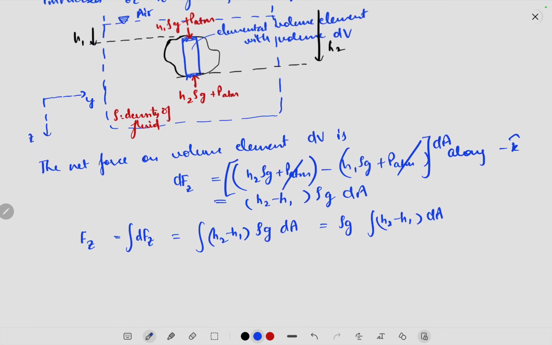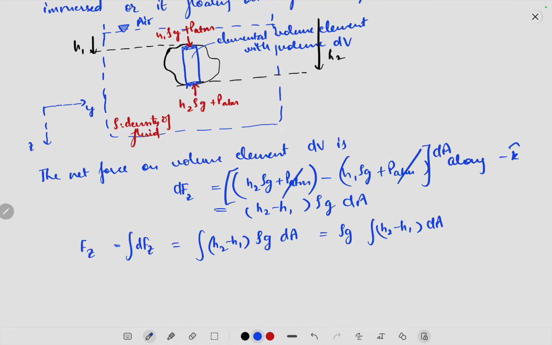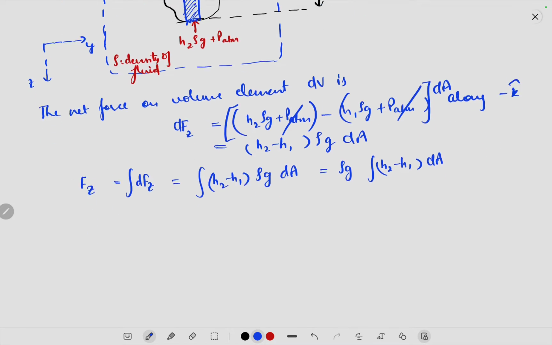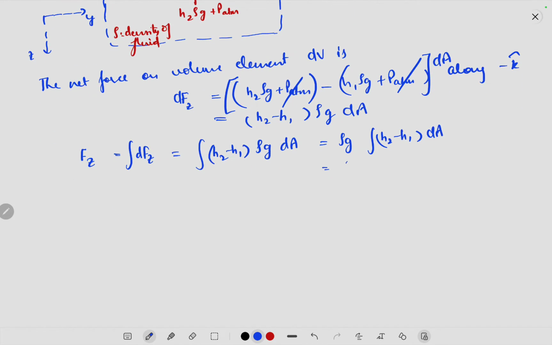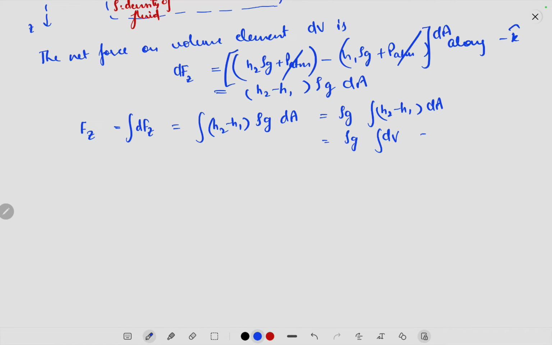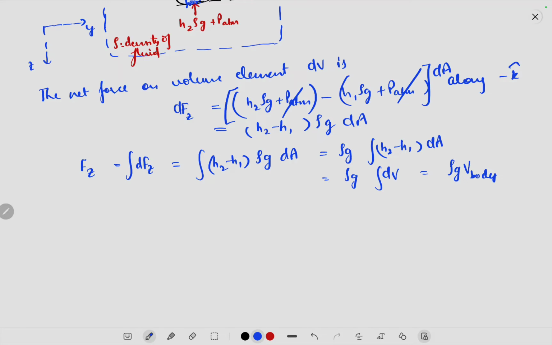Now this h2 minus h1 times dA is what? It's simply the volume of this element, so we can write this as rho g times dV. Okay, and the integral of this dV would be nothing but the volume of this body which is immersed inside the fluid.